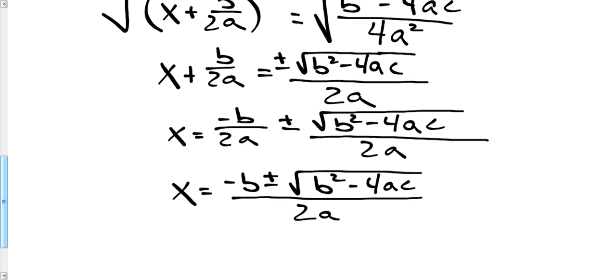Now you know why we complete the square. This gives us a universal way to solve for the zeros of a quadratic function written in standard form, and I did it by completing the square.